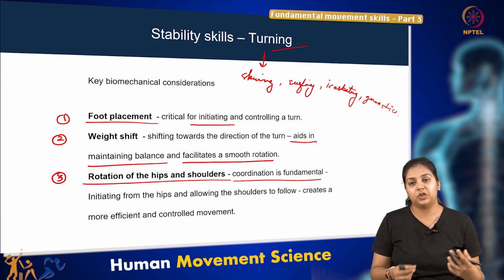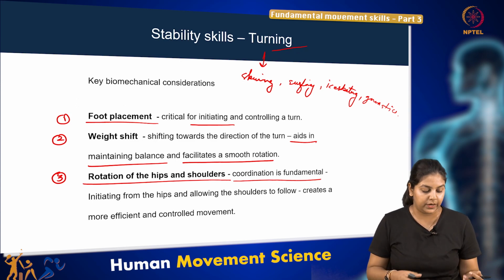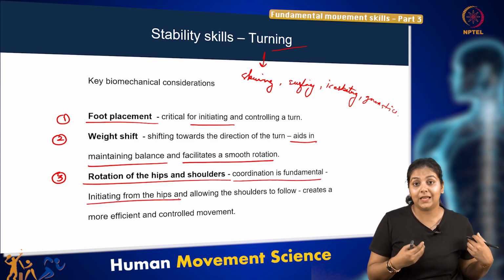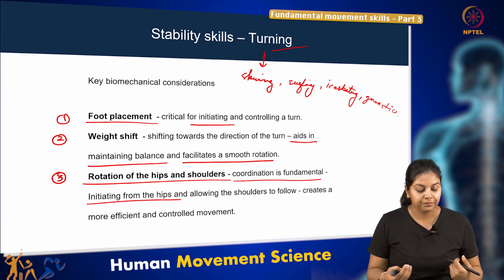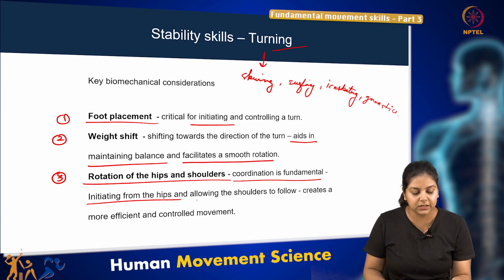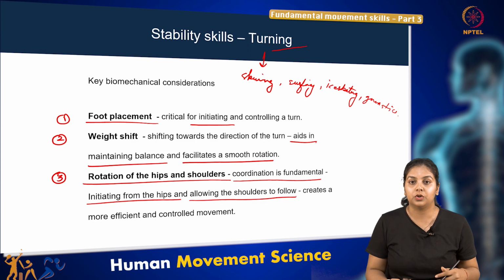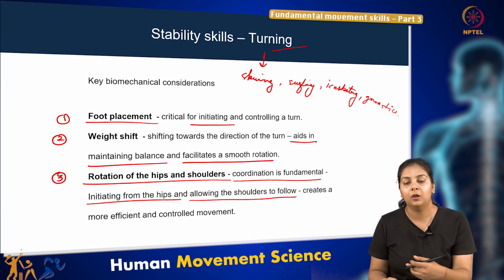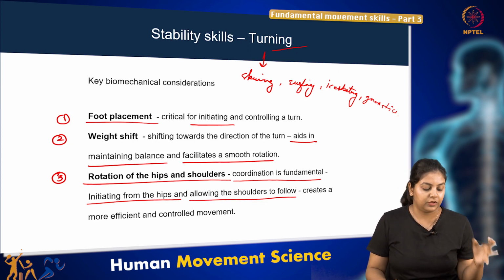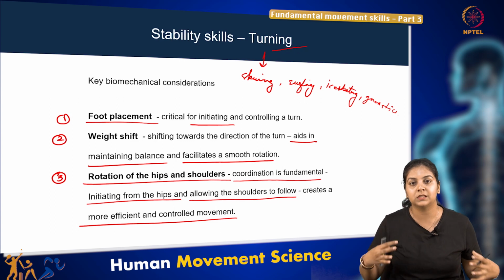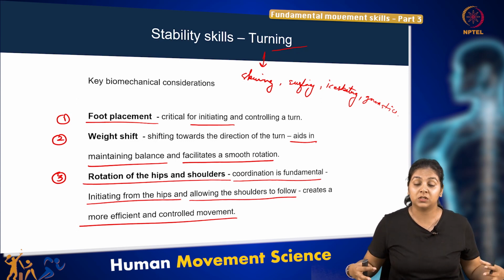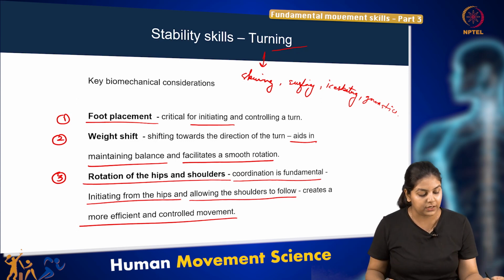The timing at which the hip turns or the shoulder turns is quite important as well, because during the turn, the initiation is from the hip and then eventually moving to the distal segments, it's going more into the shoulder. So the shoulders follow the hip when we're looking at the turn. This creates efficient and controlled movement. So it's from your big proximal segments into your distal segments.